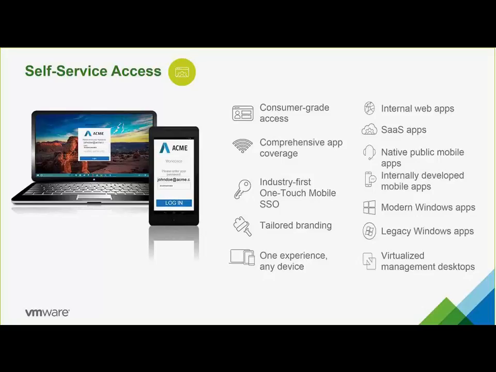The app catalog delivers the capabilities to connect to internal web apps through a secure browser and seamless VPN tunnel; SaaS apps with SAML-based SSO and provisioning framework; native public mobile apps through the brokerage of public app stores; internally developed mobile apps secured through the AirWatch SDK; as well as modern Windows apps through the Windows Business Store and legacy Windows apps through MSI packaging delivery for real-time delivery with App Volumes.